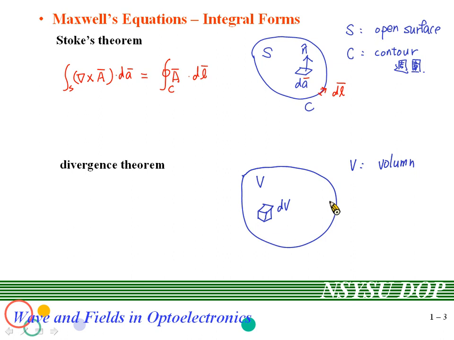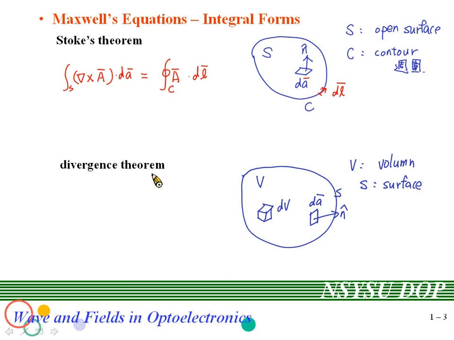This volume is also enclosed by a surface, and the surface of the volume can also be cut into many small surface elements dA. Each surface element has a normal vector n. So S here is the surface of the volume.